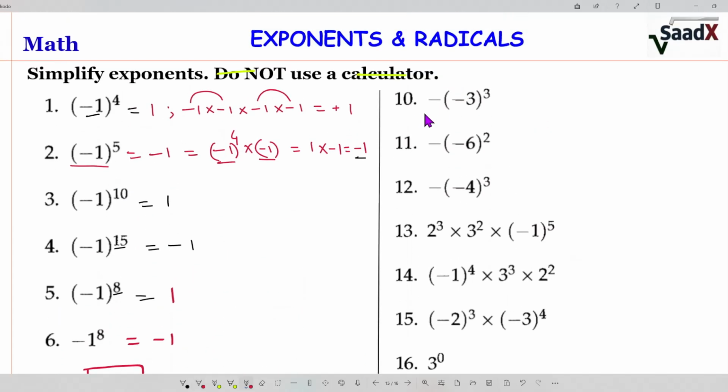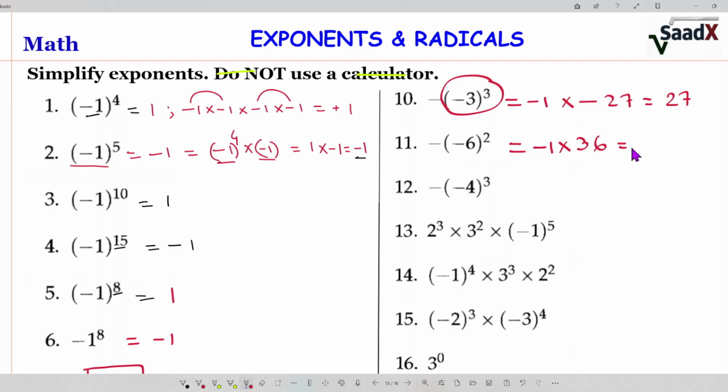Next, here is minus, so we consider this one is minus 1 times, and this one is minus 27. So our answer will be minus times minus is a plus, so 27. Next, minus before the bracket means this is minus 1 times minus 6 square. Minus 6 square means plus 6 square, which means 36.